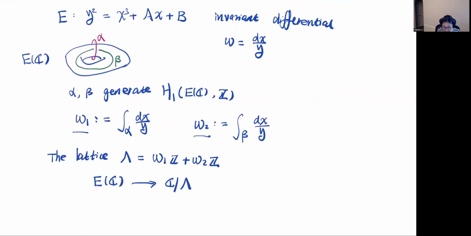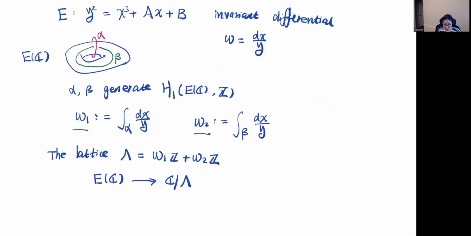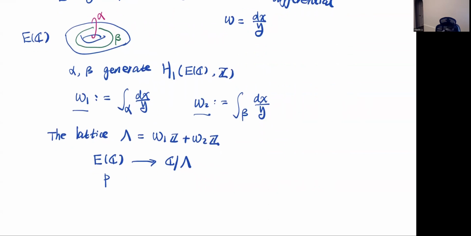So now I have an elliptic curve and I construct a lattice for you, and I'm going to associate each complex point of my elliptic curve to a point on this quotient, C mod Lambda. How am I going to do this? Well, I will take any point P and map it to the integral from O to P of dx over y, where O is the base point, or identity point, of the elliptic curve.